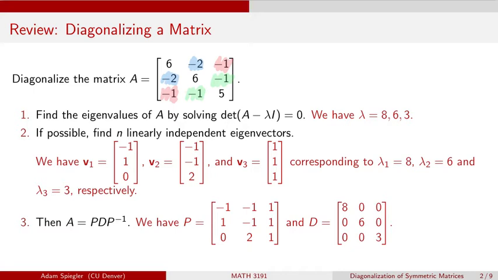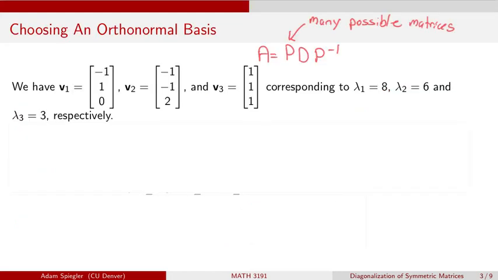So let's take a look at what is particularly nice about the fact that this matrix A that we started with was symmetric. Let's continue working with this example. We had three vectors, v1, v2, and v3, that were a basis for the eigenspaces corresponding to lambda 1 equals 8, lambda 2 equals 6, and lambda 3 equals 3, respectively.